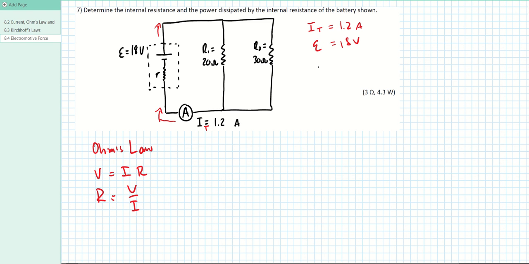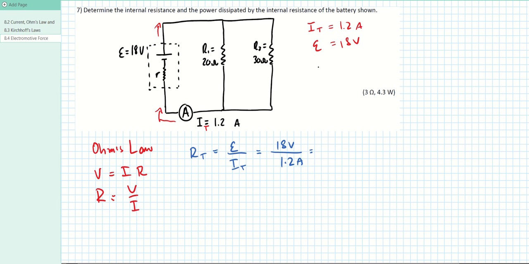Now, in our case, we are going to be looking at the EMF. So our total resistance is going to be the EMF over the I total, which is given. So we plug in our 18 volts over the current 1.2 amps.